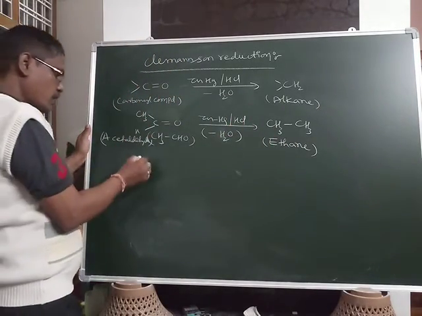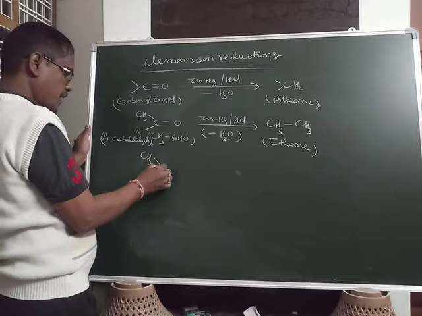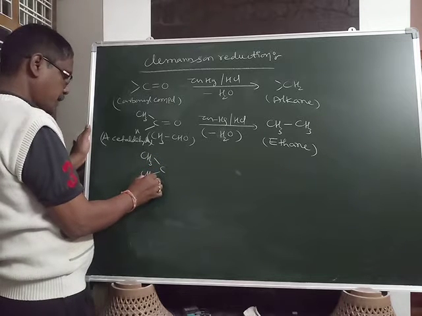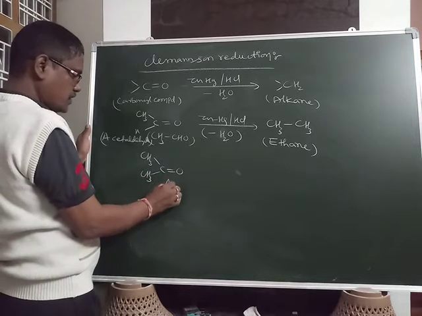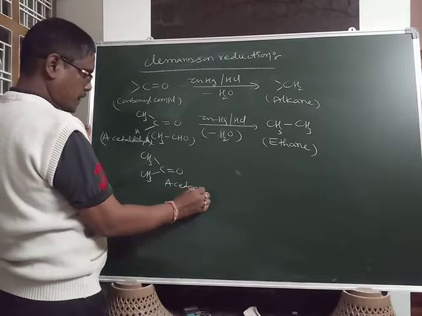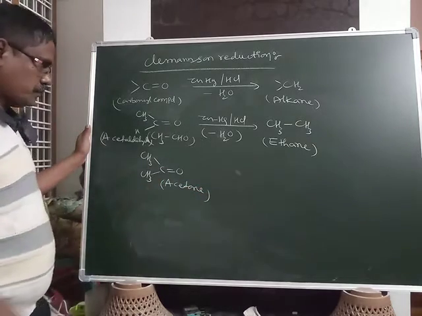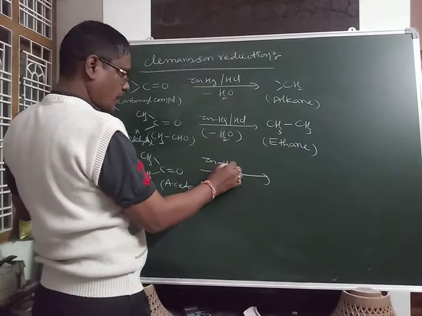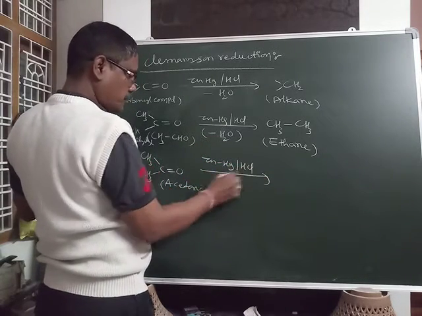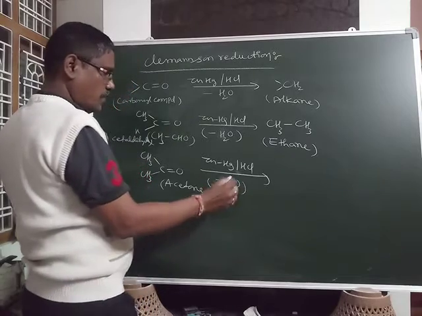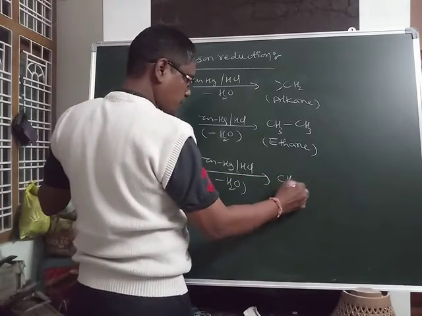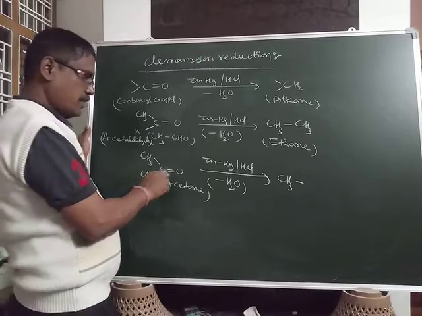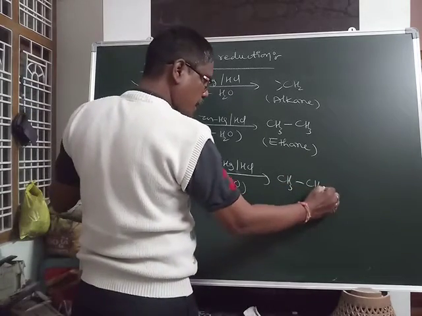You take one more: CH3, C double bond O, CH3, called acetone. In the presence of zinc amalgam and HCl, minus H2O, will give CH3 already present, and this part becomes CH2, near CH3.